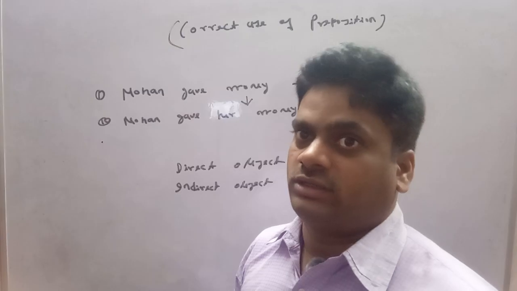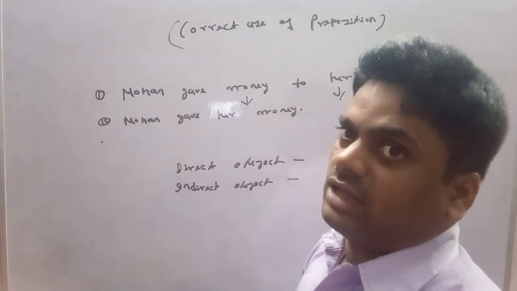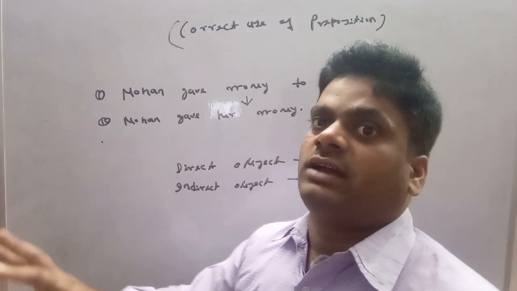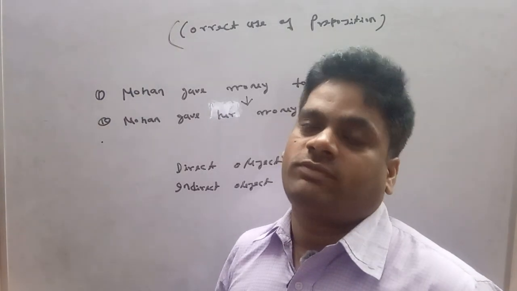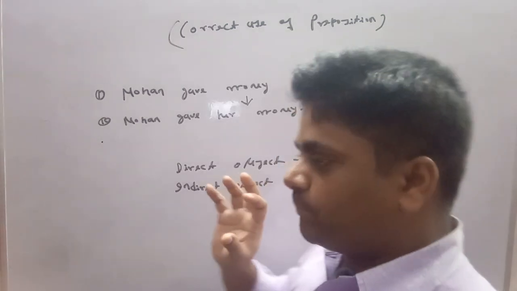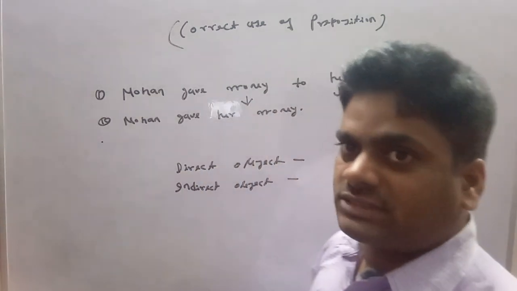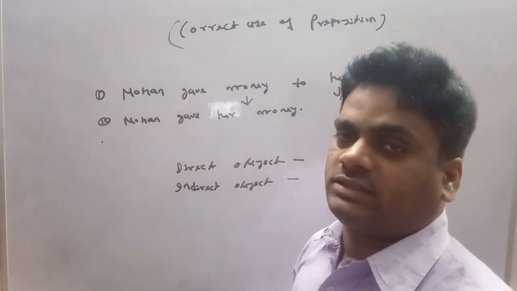An object is always a noun or a pronoun in the sentence. I gave, it means a person. There would be a person to whom it was given. So here the primary object must be present just after the transitive verb in the sentence.